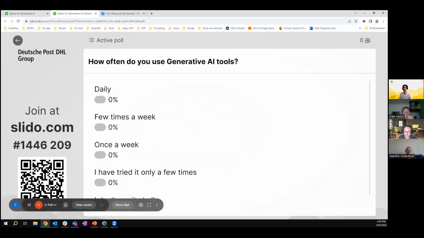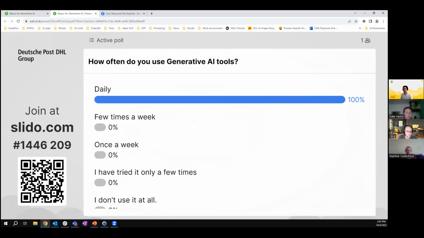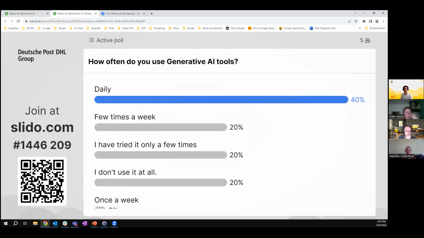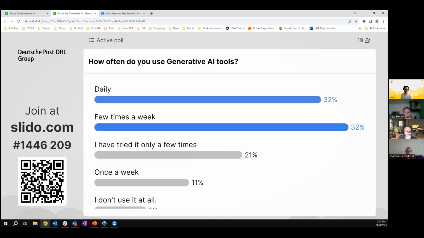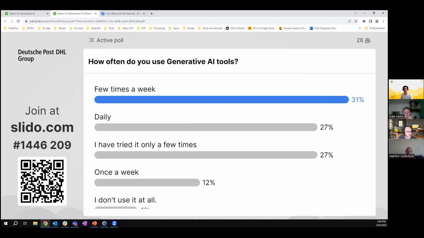Then the second poll: how often do you use it? Seems like the majority is using it a couple of times per week, and some people are even using it daily.